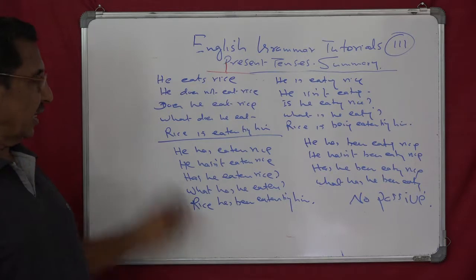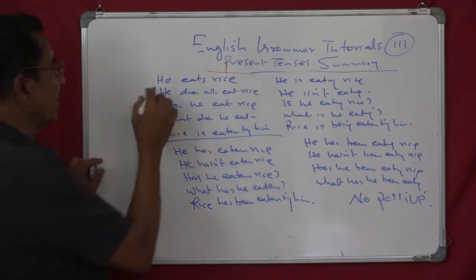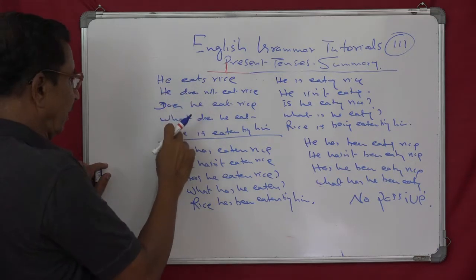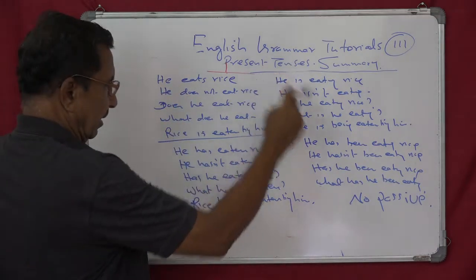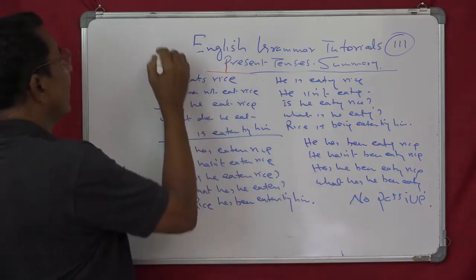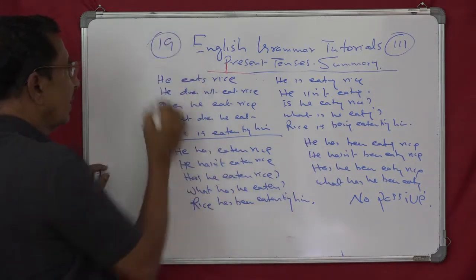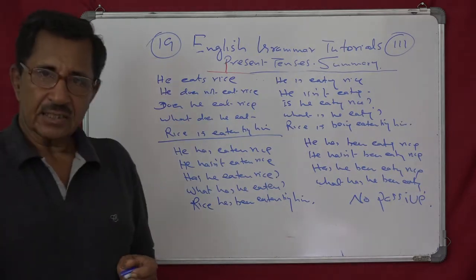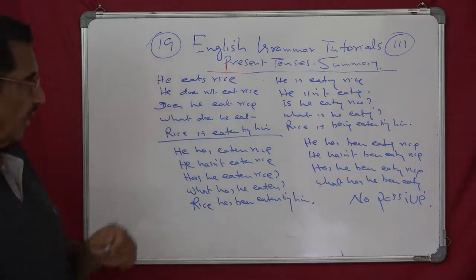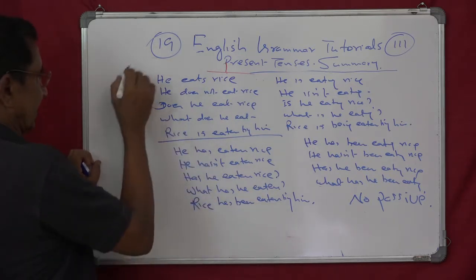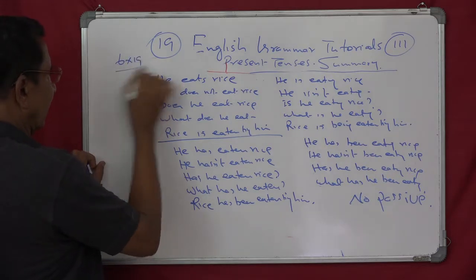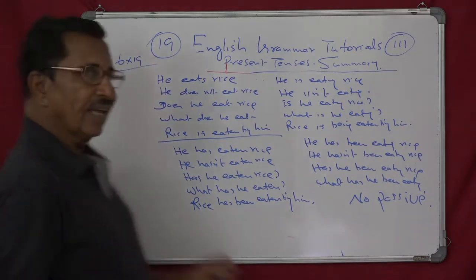Now by variation, if you vary this subject, 1, 2, 3, 4, 5, that is 15 plus 1, 2, 3, 4, 19. So 19 possible sentences you can generate in the simple present with third person singular. Like that, how many persons are there? 6. So 6 into 19. How many sentences?